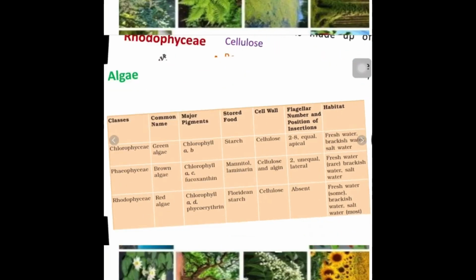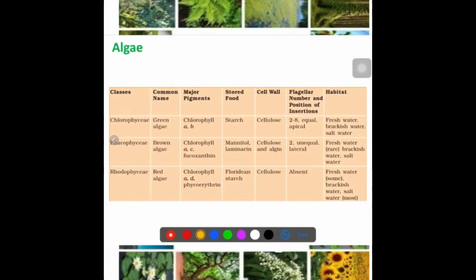Now let's summarize all this: Chlorophyceae, Phaeophyceae, and Rhodophyceae. Chlorophyceae is called green algae, Phaeophyceae brown algae, and Rhodophyceae red algae. The color is due to the presence of pigments.